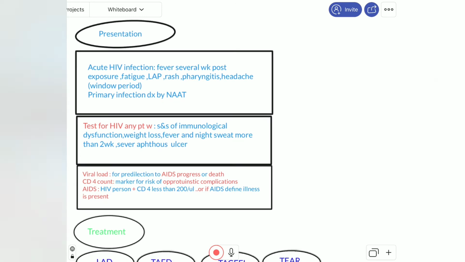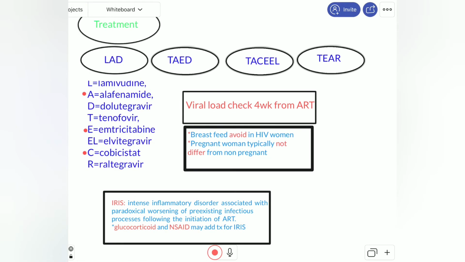Well, what about the treatment? Treatment is by ART, antiretroviral therapy. Choose either of the following: LAD, Tide, Tassel, Tear. These are antiviral medications: LAD is lamivudine, A, alafenamide, D, dolutegravir.